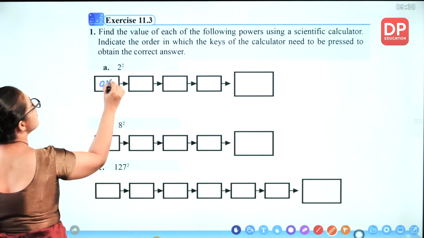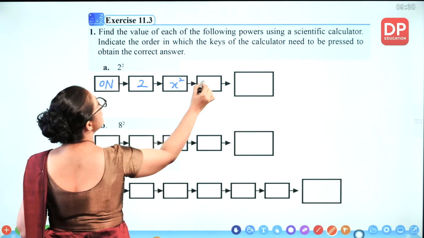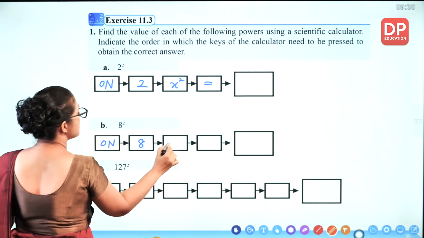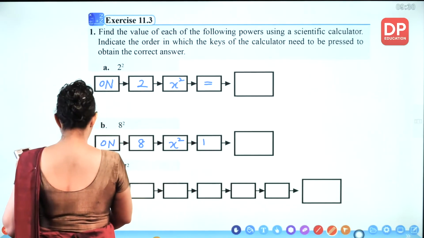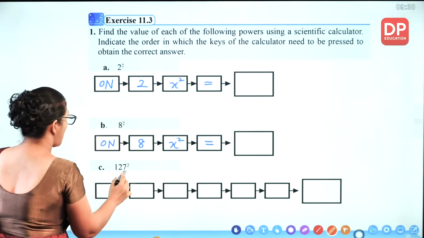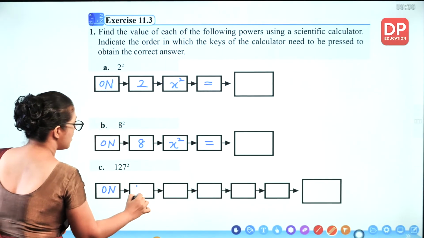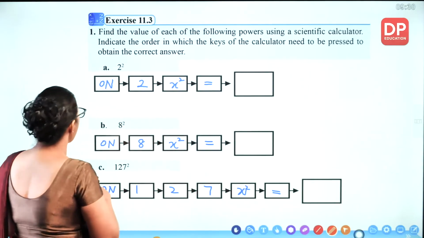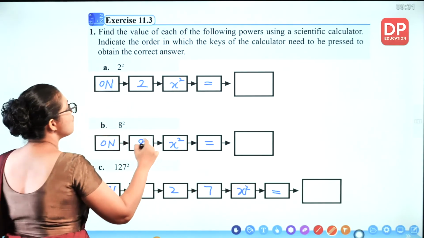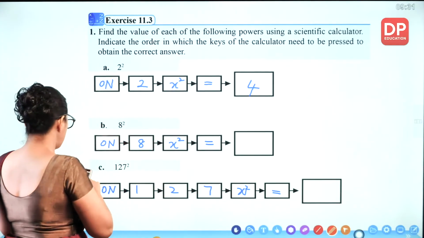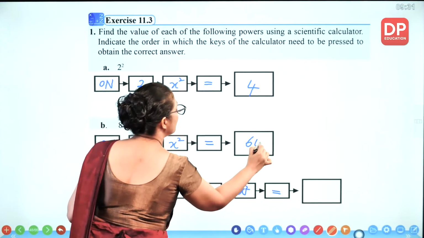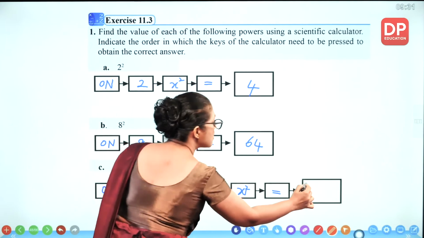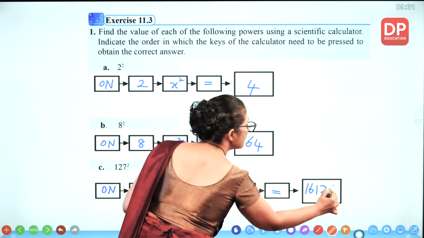So 2 squared on 2 with x squared button. 8 squared on with 8 squared, and then equals 127 squared on 127 x squared equals. 2 squared 4, 8 squared 64, 127 squared 16,129.